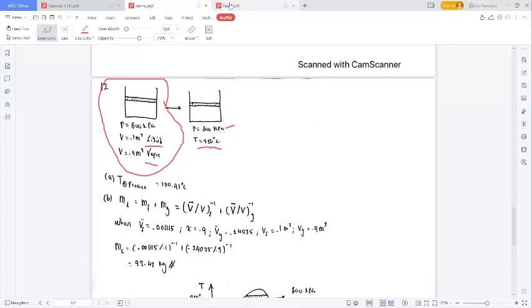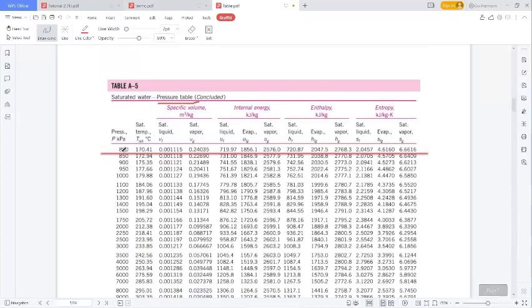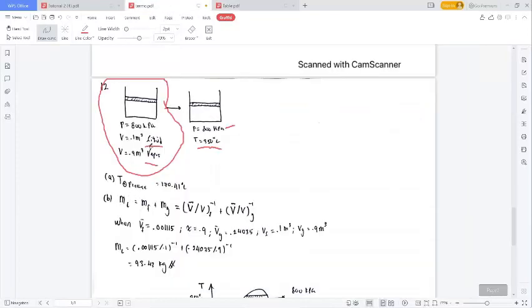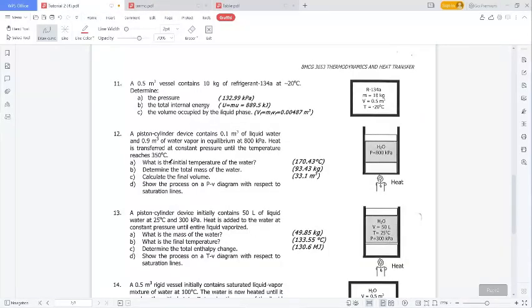If you go through the list, you will find that at 100 kPa the saturated temperature is 170.41 degrees C. So that will be the temperature for the first condition.